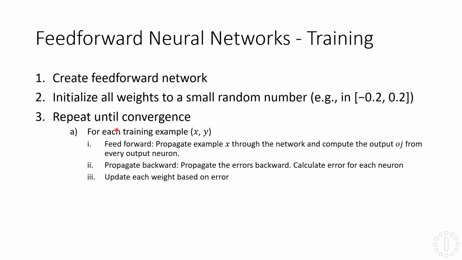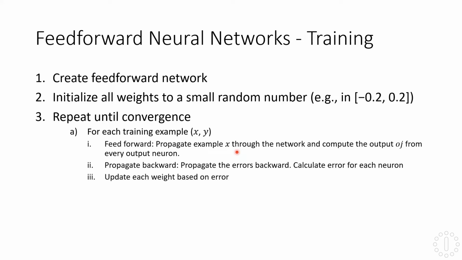And then we take each training example that we have and we propagate this example through the network and compute the output of every output neuron. So if we're using the network for classification, we classify this training example and we see whether the output that we get is the same as the output that's expected. That's this y here.